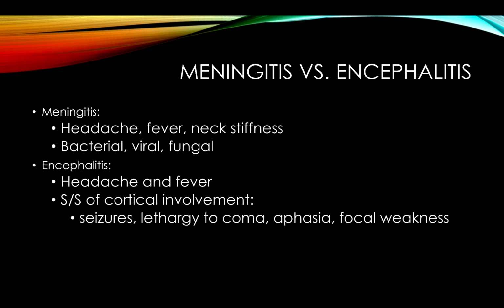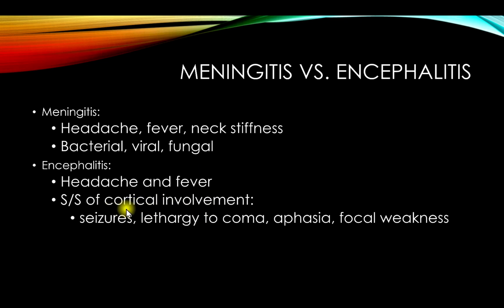But the difference is that a meningitis is just an infection of the meninges and the subarachnoid space. When we use the term encephalitis, we mean not just a meningeal infection, but the brain itself is involved. So the cortex is also involved in the infection.